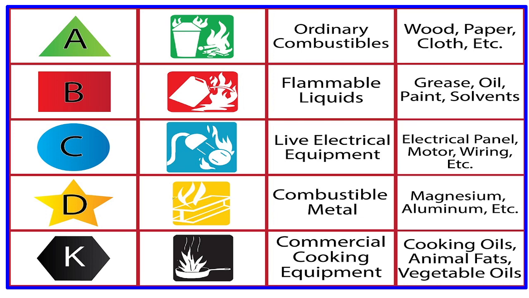Blue pictogram C is live electrical equipment: electrical panel, motor, wiring, etc. Yellow pictogram D is combustible metal: magnesium, aluminum, etc. Black pictogram K is commercial cooking equipment: oils, cooking animal fats, vegetable oils.